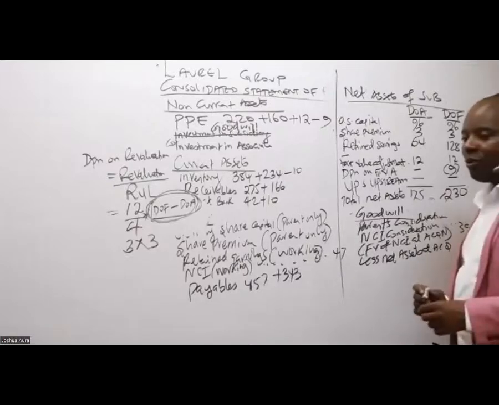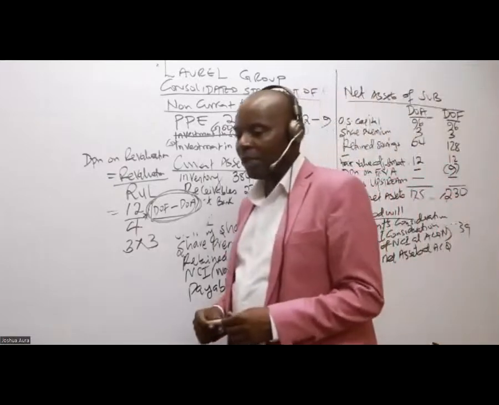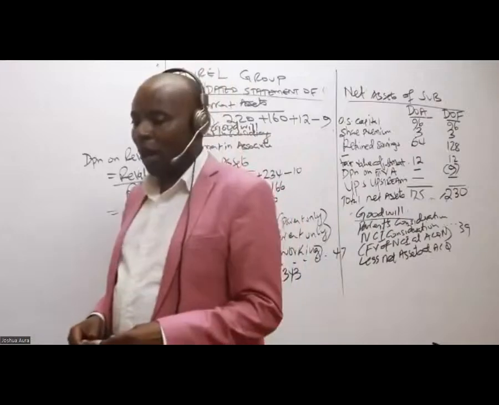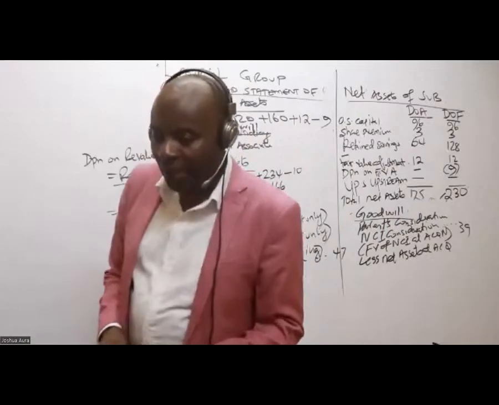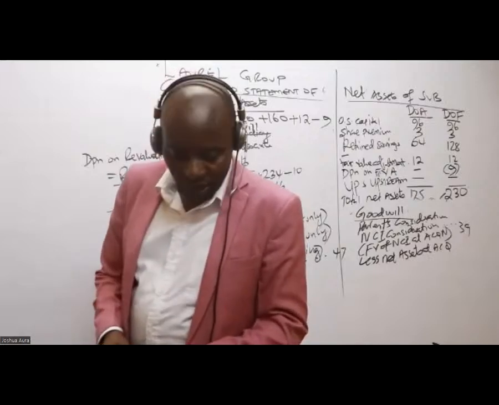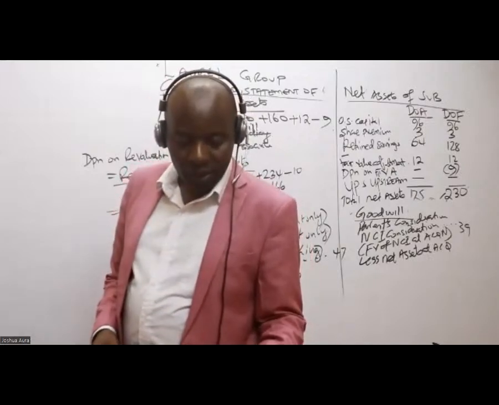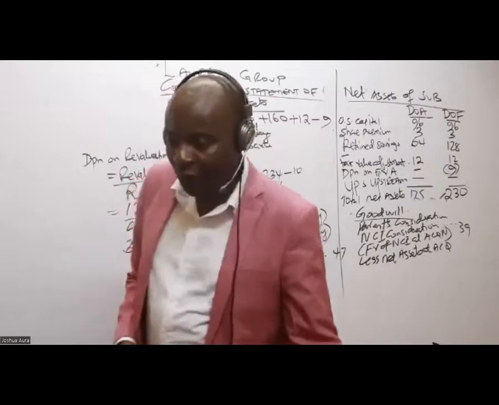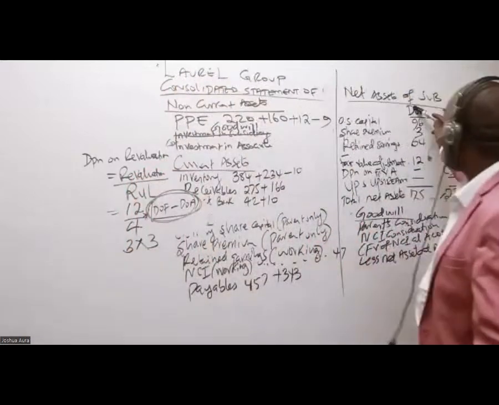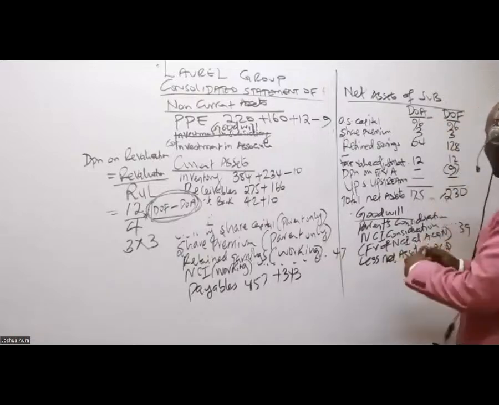Is there anybody who is able to remember the net assets at DOA? Net assets at DOA, I'm being given a figure of 175.